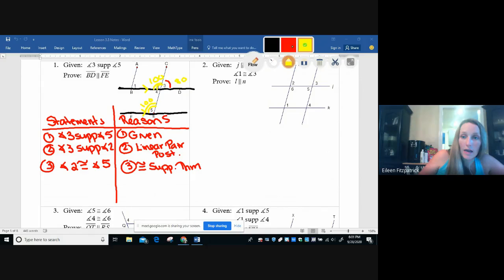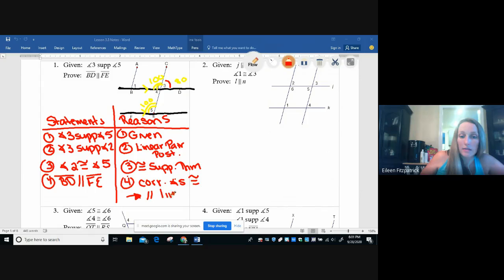So now you can say that BD is parallel to FE because corresponding angles congruent, that's what 2 and 5 are, implies parallel lines.